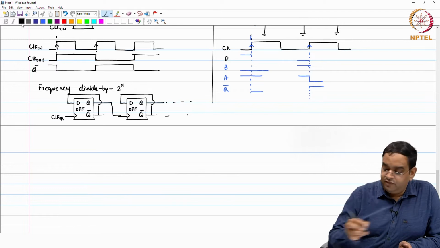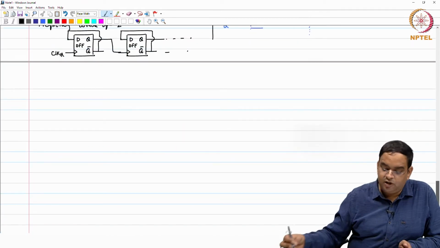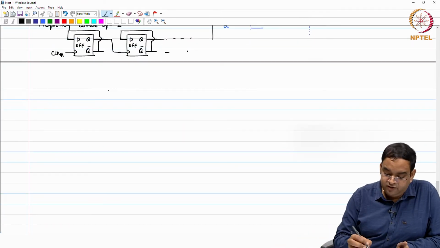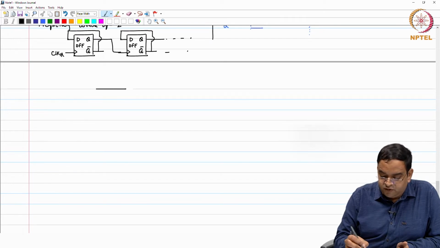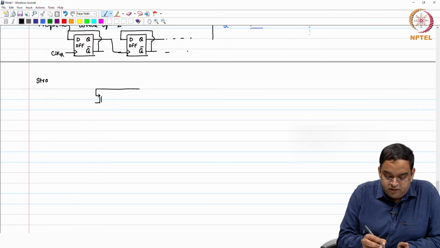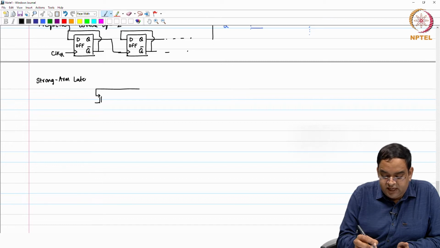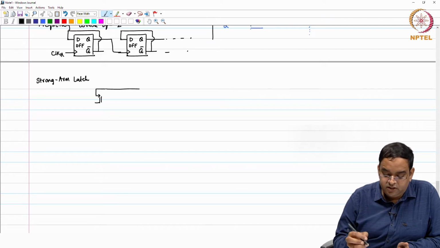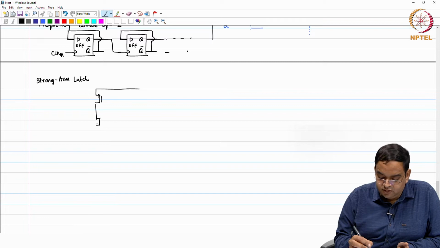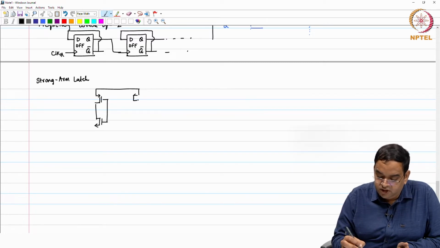The other flip flop which we talked about is the D flip flop, which is a strong arm latch based flip flop. So, the strong arm latch based flip flop has a sense amplifier, as I will show you here. So, this is a strong arm latch. Okay. So, you have a cross coupled inverter connected in this manner.